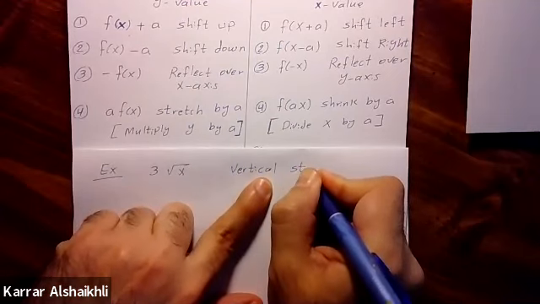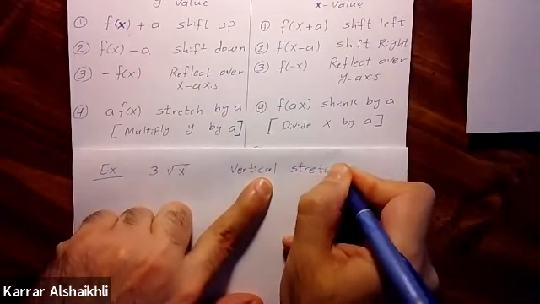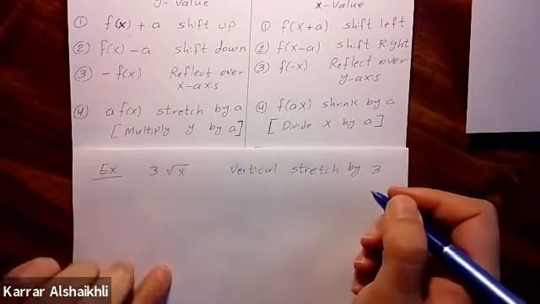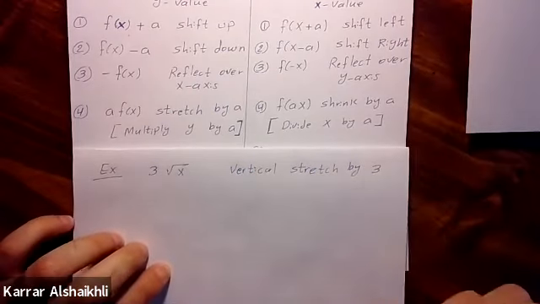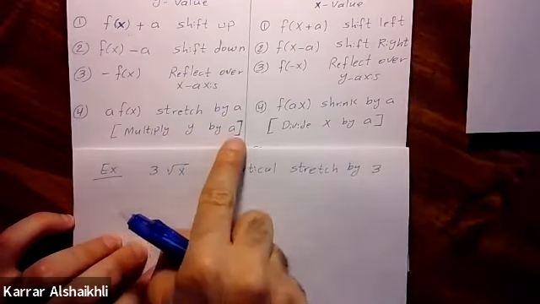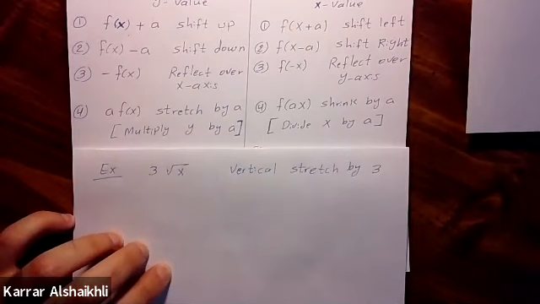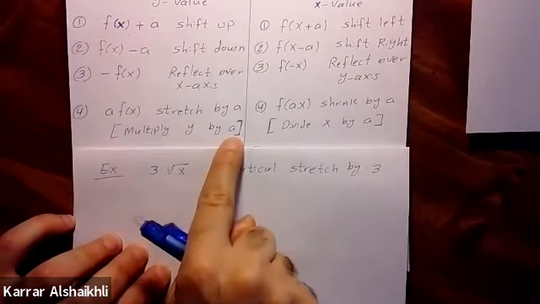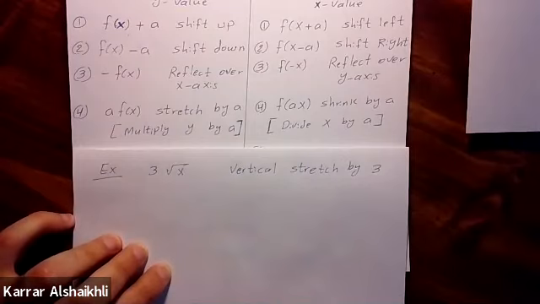You're going to use multiply y by a when we need to graph it. When you need to graph it, you're going to multiply each y by a to get the new points. Then we're going to graph it to get the new graph.